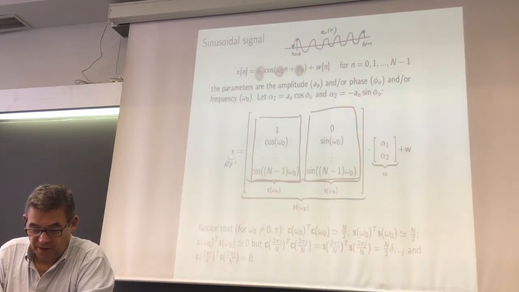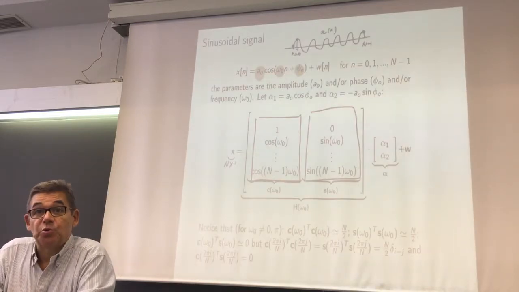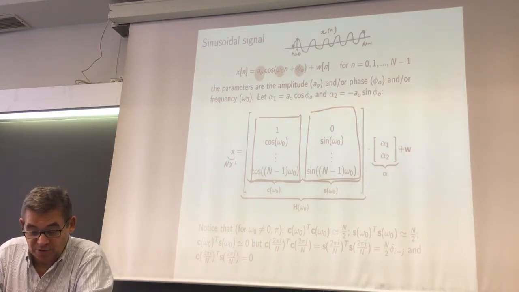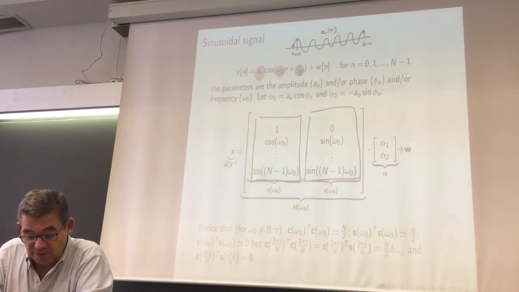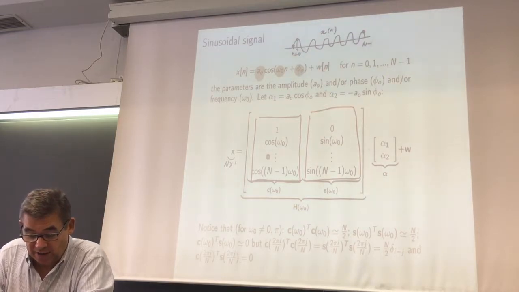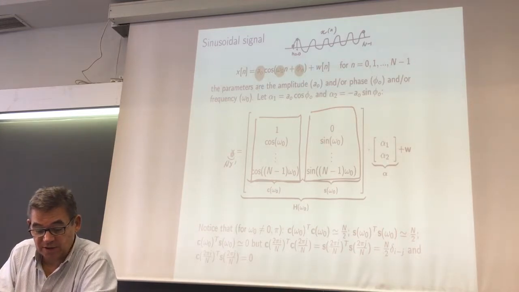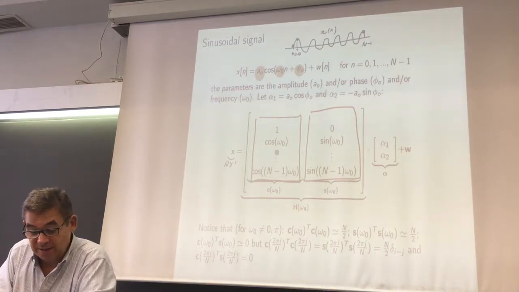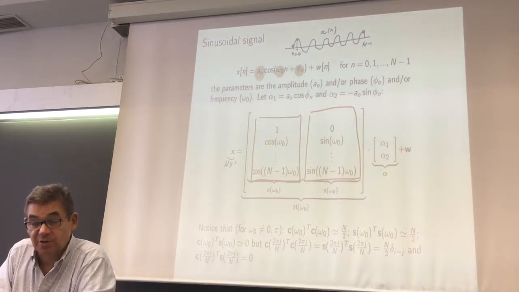In case I have a sinusoid with noise, these are the parameters: amplitude, frequency, and phase of the sinusoid, and this is the amplitude noise. I can rewrite the model as the data, and then I have the matrix H that depends on the frequency omega. The matrix H contains all the cosines and all the sines in columns, so it contains two columns.